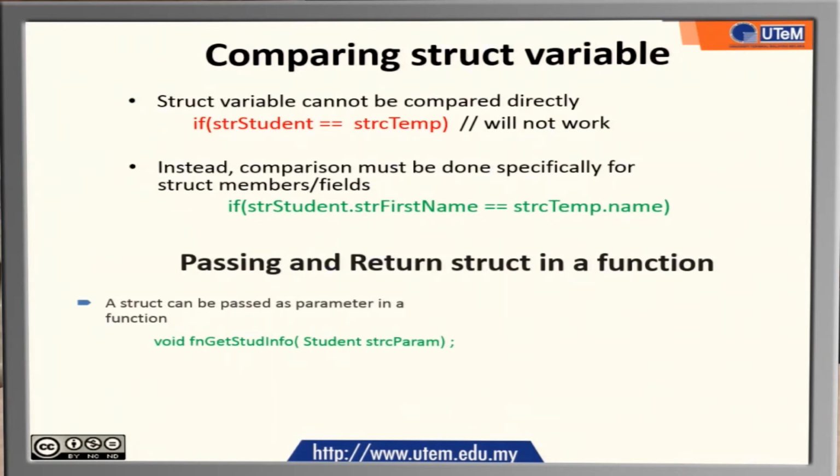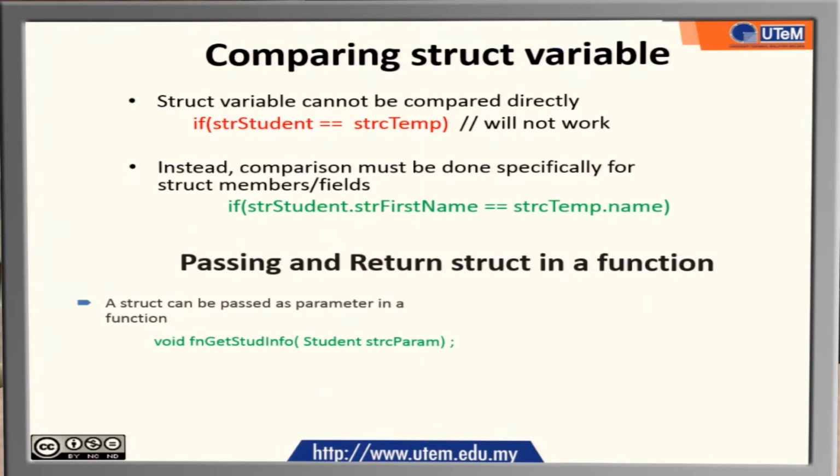See the green syntax. If I want to compare this first name with another struct's member, I have to use the dot followed by the member, and equals followed by another struct and the member of the struct.